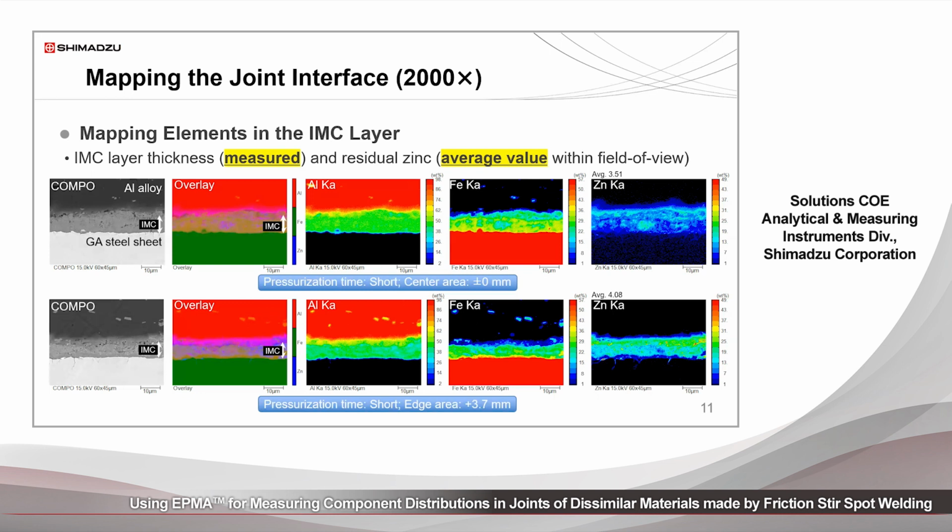Or to put it in other terms, there was more zinc discharged away from the center of the weld versus the edge of the weld. The center of the weld, or the center of the joint, has less residual zinc compared to the edge area.